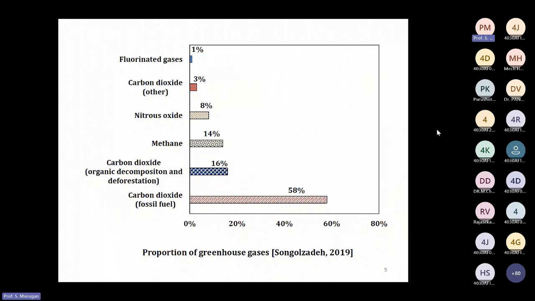That will also result in carbon dioxide emission, and fluorinated gas. If you see this picture, how much carbon dioxide is released from each and every source.